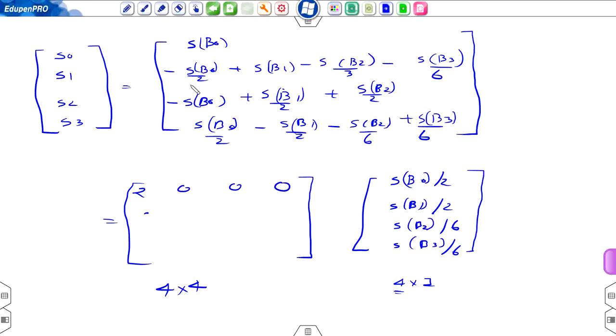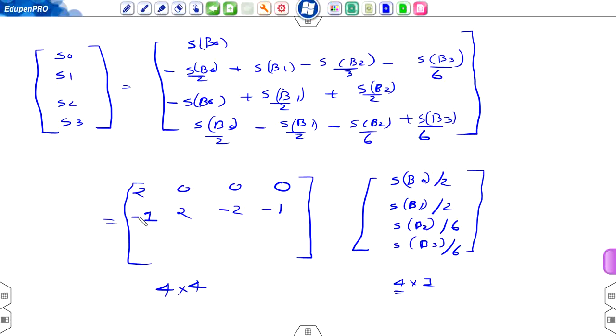In the second row we have minus S of beta 0 by 2, so minus 1, S of beta 1, so plus 2, minus S of beta 2 by 3, so minus 2, since minus 2 into S of beta 2 by 6 gives minus S of beta 2 by 3, and here S of beta 3 by 6, so minus 1.